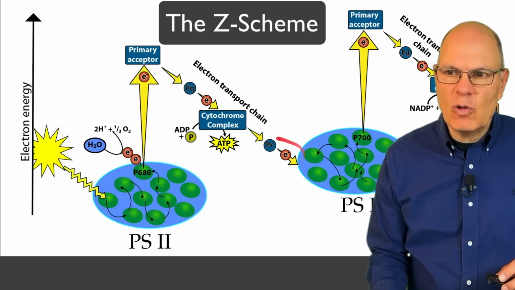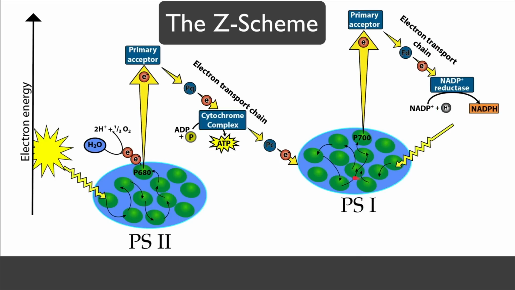Those electrons arrive at photosystem 1. They're relatively low energy at this point. You can see that by their position on the graph. But light comes in and it stimulates chlorophylls, and another electron gets boosted to a high energy level into what's called a primary electron receptor that's in the thylakoid membrane, and that passes it off to the electron transport chain of photosystem 1.